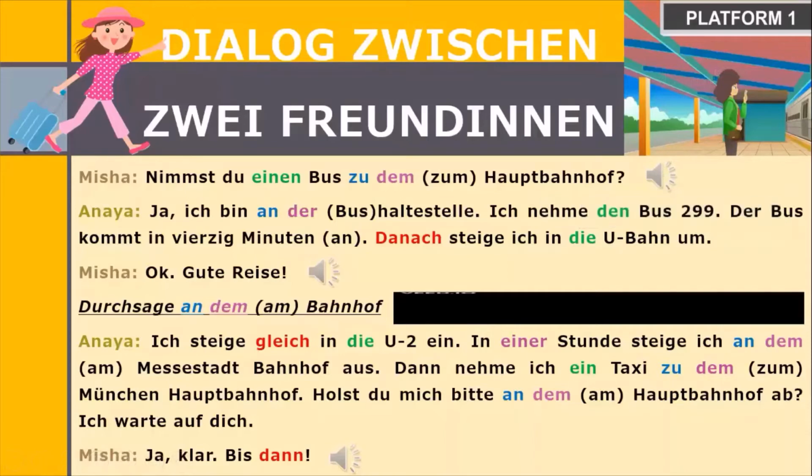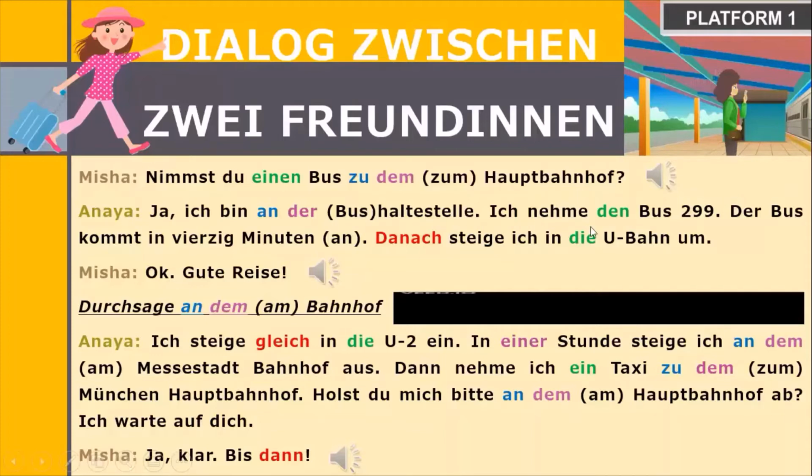Nimmst du einen Bus zu dem Hauptbahnhof? Ja, ich bin an der Bushaltestelle.